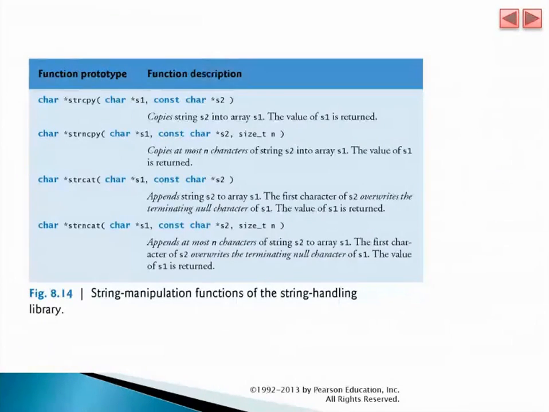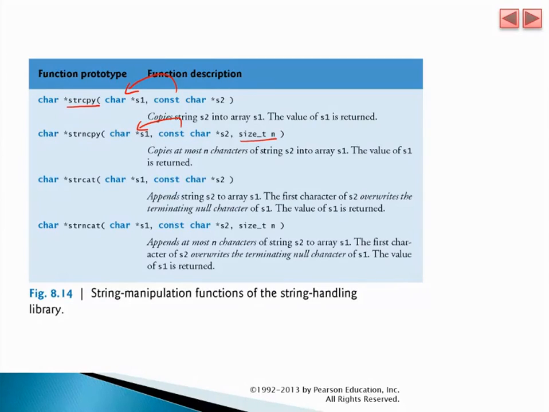So let's see the string copy and string concatenation functions. strcpy is used to copy a string. s2 will get copied to s1. This is very simple. There is another variation of this, strncpy, where we need to give a size also. What it will do is copy n characters from s2 to s1.